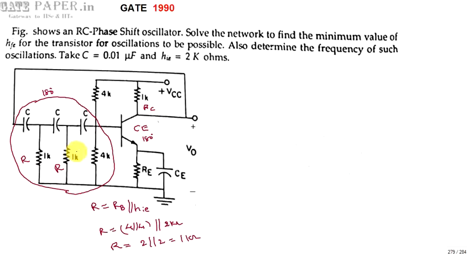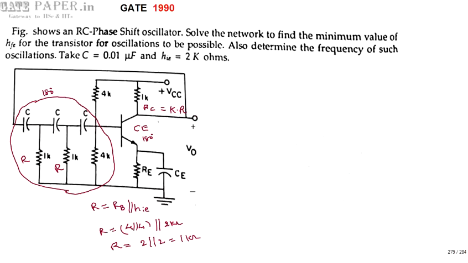One more important point: generally RC and R will not be the same, though here in this question they are given as the same. In general RC is not equal to R, so we write RC as K times R. In all the textbooks this is the notation used.